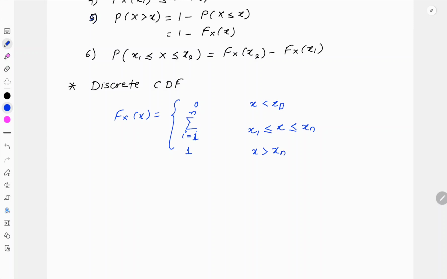So this is again a very important equation we should remember, which is regarding discrete CDF.